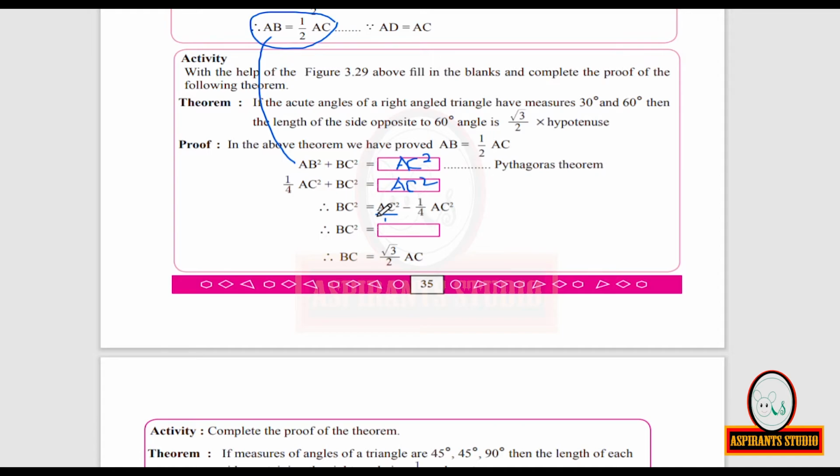So in the numerator, AC square can be written as 4 AC square upon 4, then minus 1 upon 4 AC square. So we will get 4 AC square minus 1 AC square in the numerator divided by 4. So it will become 3 AC square upon 4. In the box you have to write 3 AC square upon 4.